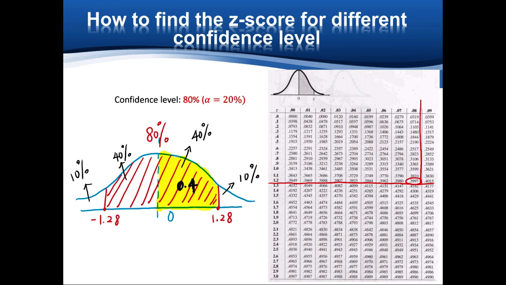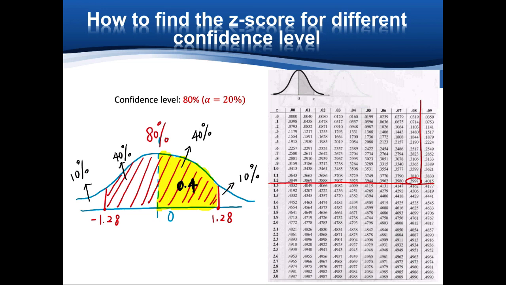Mean plus and minus something, so the area will be symmetric to 0. And we need to find out the z-score now. Alpha is outside, that is 20%, and each side is 10%. So the area in yellow, which is the table value, is 40%, 0.4.